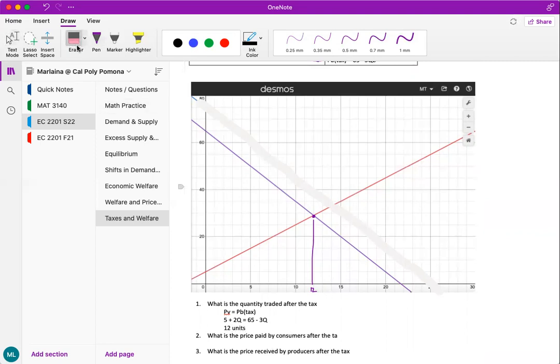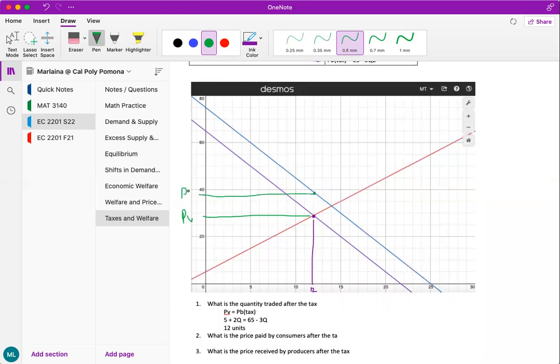Now we're going to look at the price that is paid by consumers after the tax. We look at the demand curve again, because the demand curve is the willingness to pay from the consumers. This is how much the consumers are actually going to be paying as a whole. Where the shifted curve meets the supply curve is how much is actually being given to suppliers after the tax, but consumers are still paying the full amount.